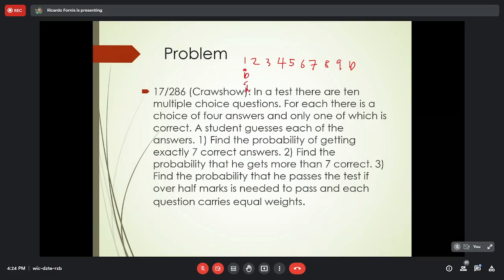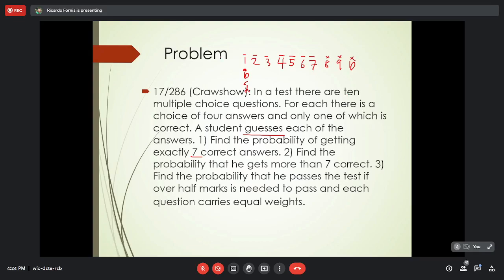Only one is correct. The same also with the other numbers. And now the student did not study, so he just guessed the answer. What is the chance that he will get exactly 7? The idea here is that you can say the student got the first 7 as correct. Then the rest wrong. Fine.